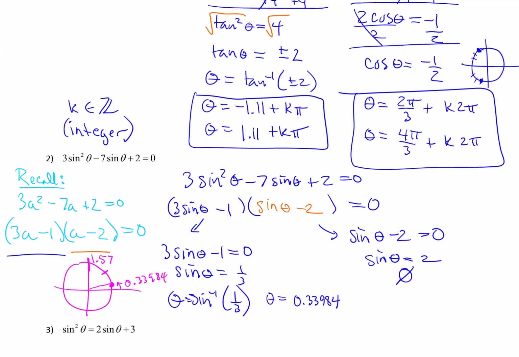So what I'm going to do is go mark a place over on the other side in quadrant 2, which would be symmetrically the same distance. Now, if you think of it this way, 0.33984, that's how far we extended beyond the x-axis from our normal beginning place on the right side of the unit circle.